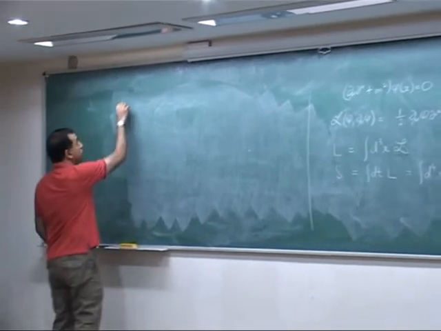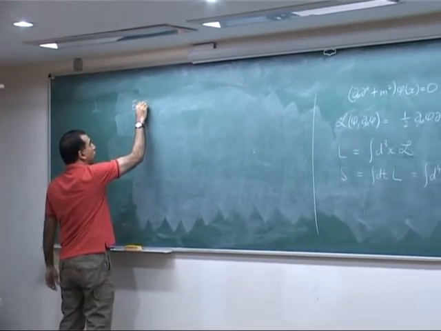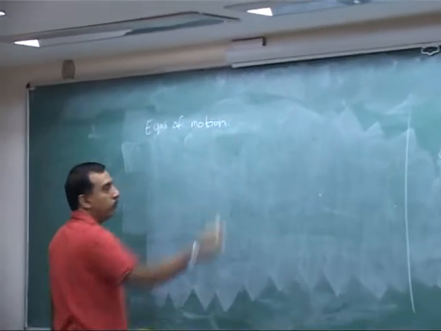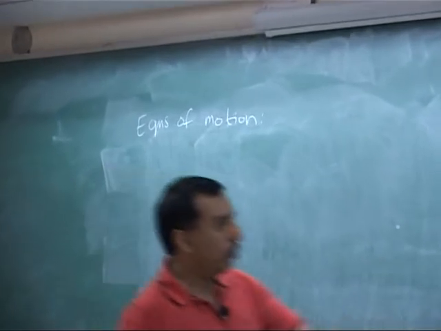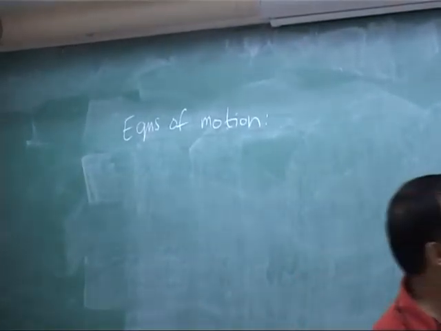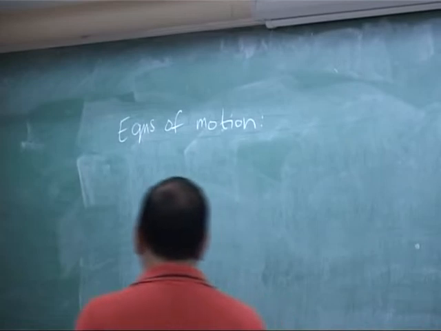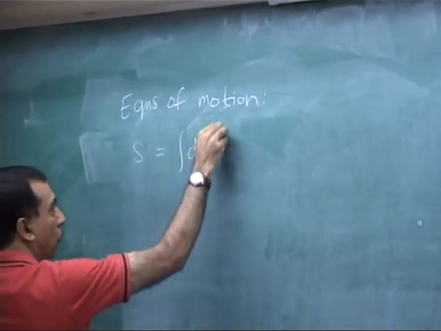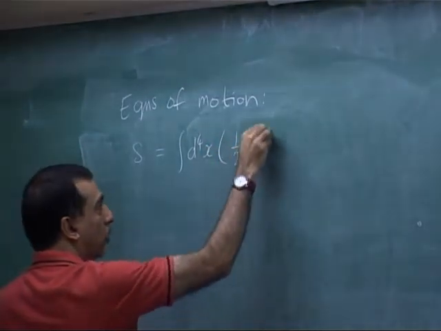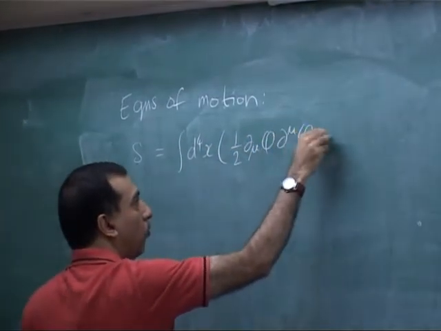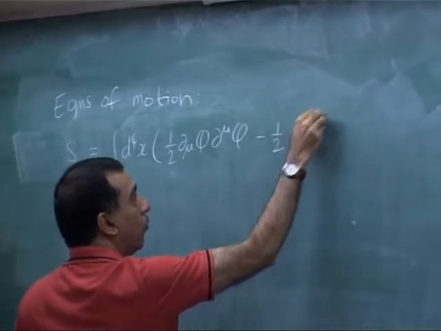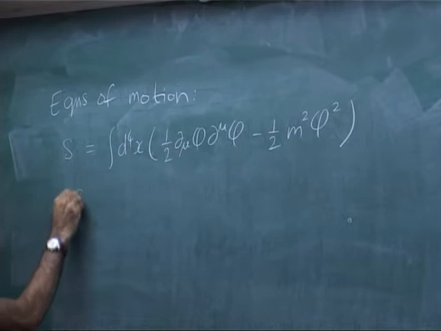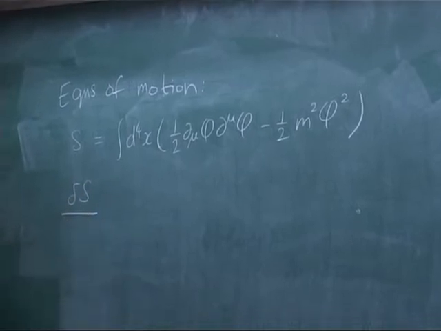Now how do we get equations of motion out of this action? There is an extremely simple rule. We have to take S, which is the integral d⁴x of this Lagrangian, and vary it with respect to the field variable.